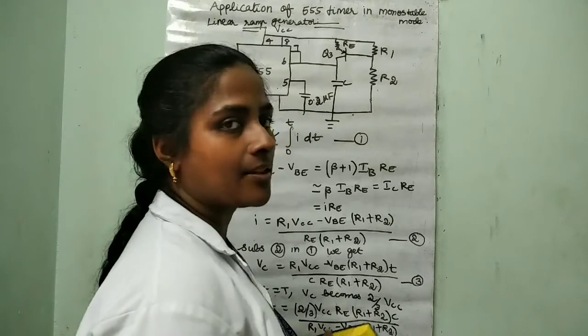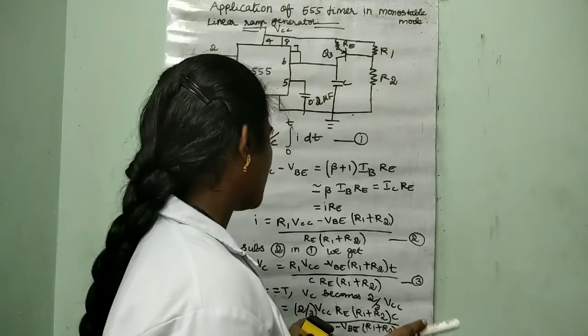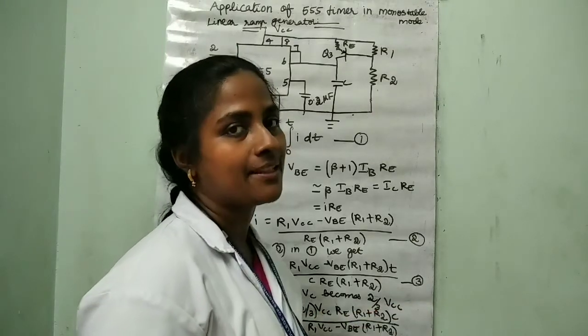At time t equal to capital T, the capacitor voltage becomes 2/3 VCC.